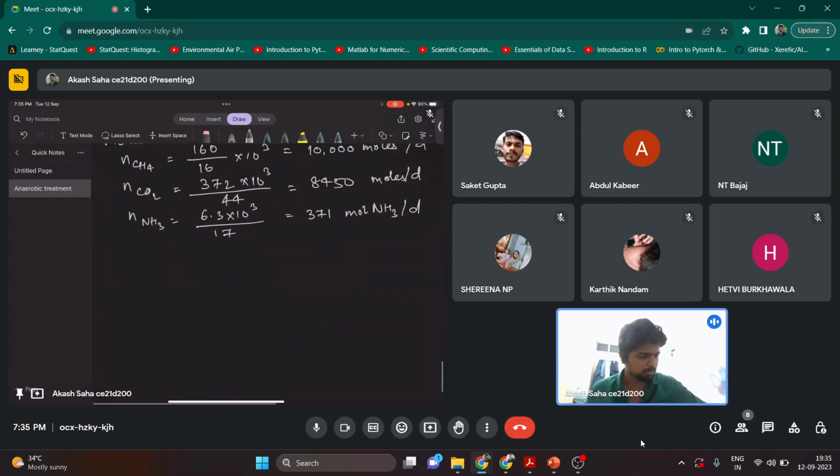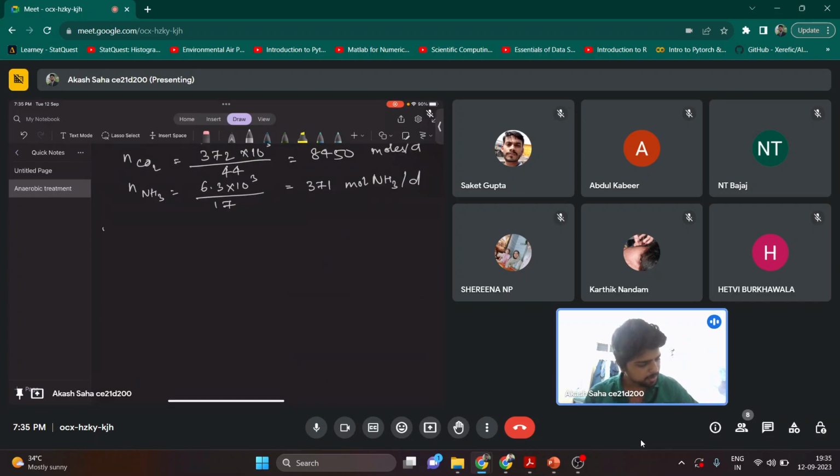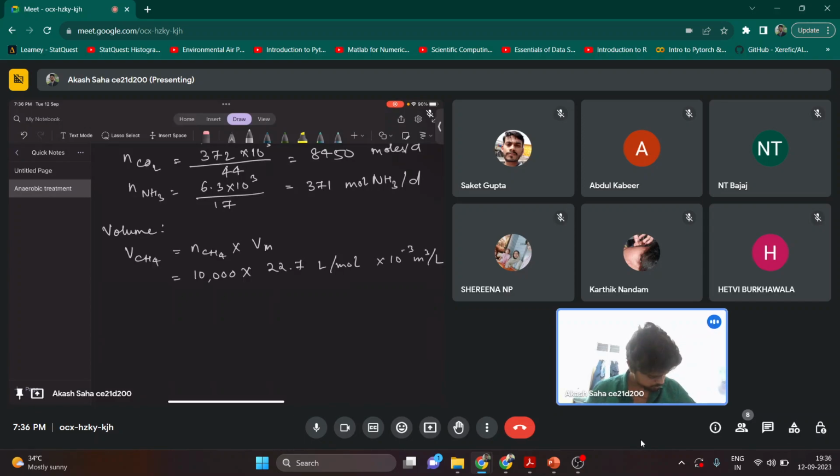It is just simple calculation. And now, once we found the moles, we can find the volume. So as I have told you before, the volume of any gas will be equal to the moles into the molar volume. So moles, we know it as 10,000, and molar volume of any gas is 22.7 liter per mole. I will change the liter into meter cube, so it will be per mole.